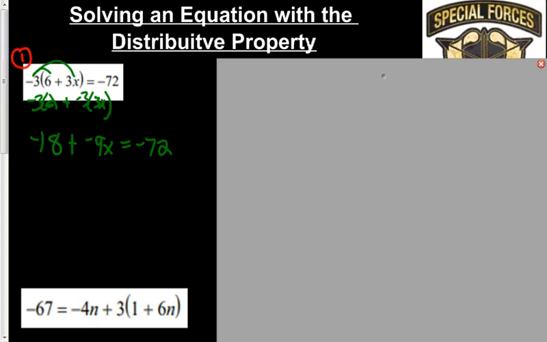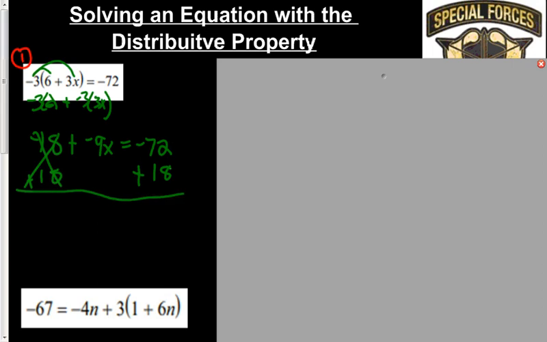Now it's like we have a two-step equation. So what are you going to do next? We're going to get rid of that negative 18 that's added to the negative 9x, or we're going to get rid of that negative 9 that's multiplied by the x? Well, recall we get rid of what's farther away from the variable, what's not attached. So we're going to get rid of this negative 18 by adding 18, and we'll add 18 to the other side of the equation and bring down what's left over.